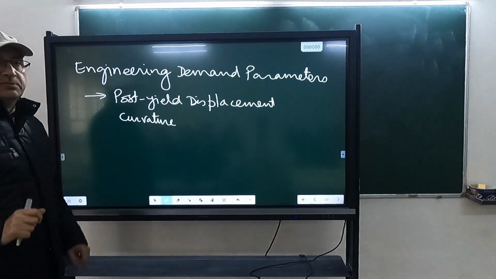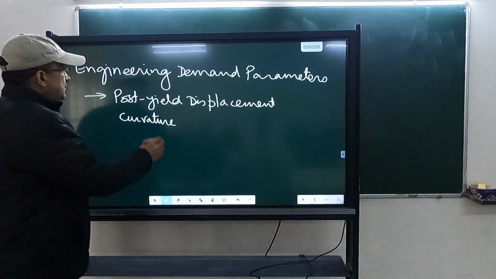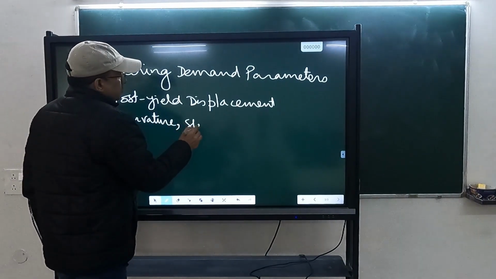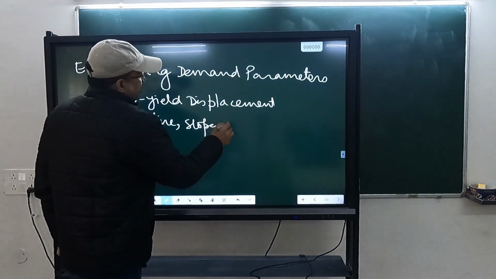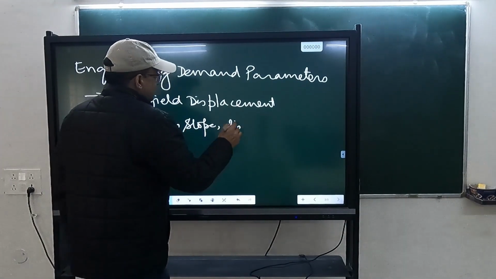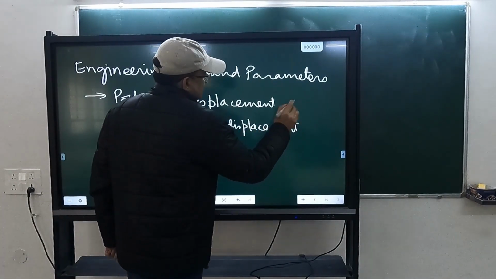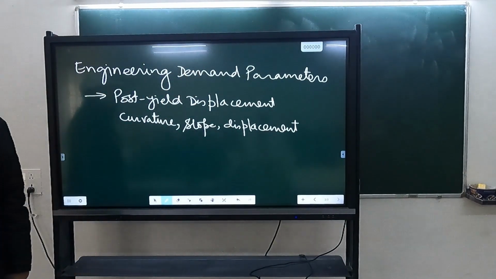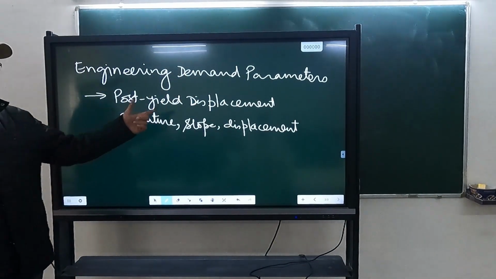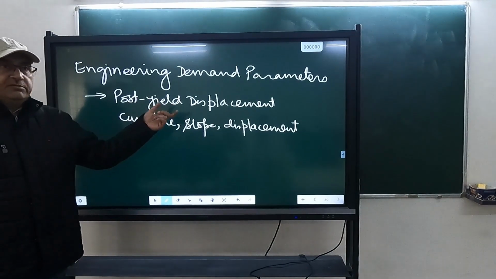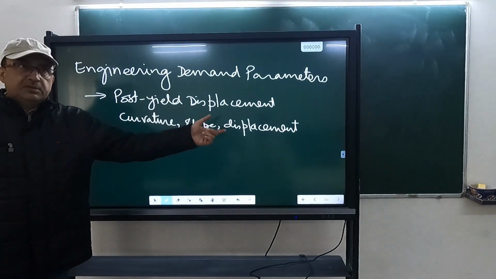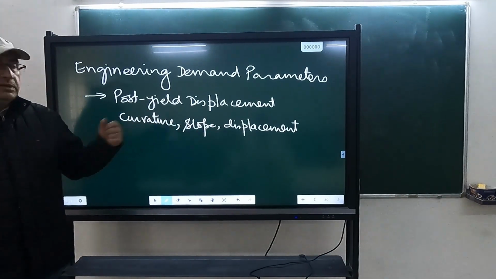Curvature can represent the displacement, the deformation. It can be slope or it can be displacement. And these are related. Curvature is related with slope, slope is related with displacement. This relationship we will also study.